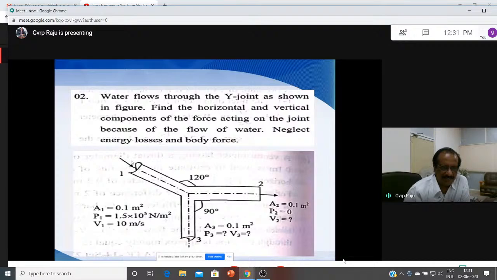And similarly take Fy, this is sigma Fx, similarly sigma Fy. So which is equal to Fy take and minus P1 A1 sin 60. So you can convert this into vertical direction P1 A1, and here there is no force in the vertical direction, this is 0, and also pressure is 0, and here we have a P3 A3.